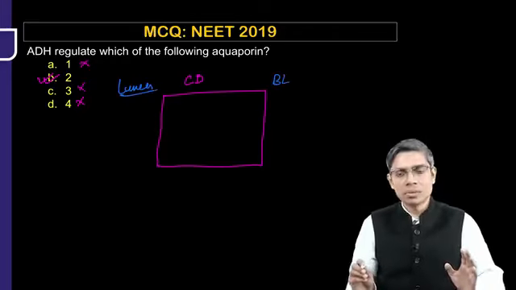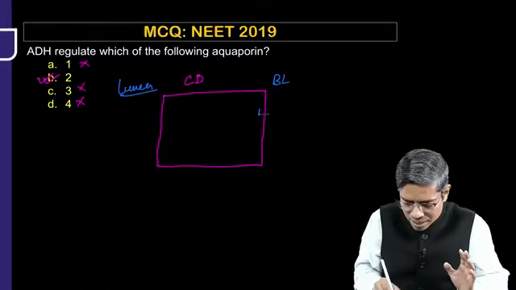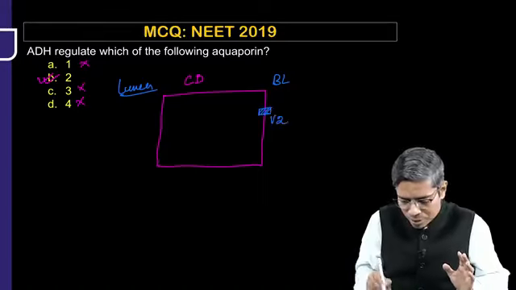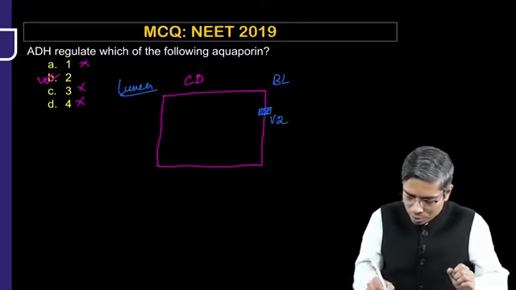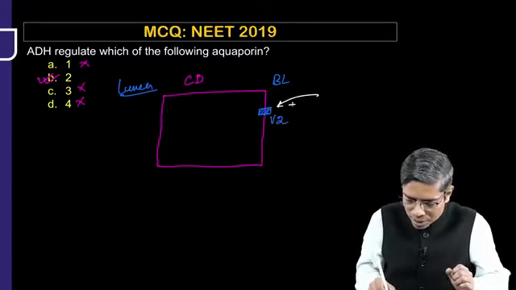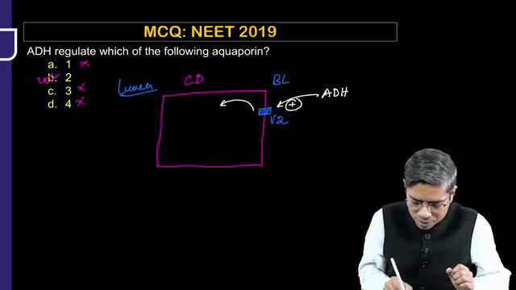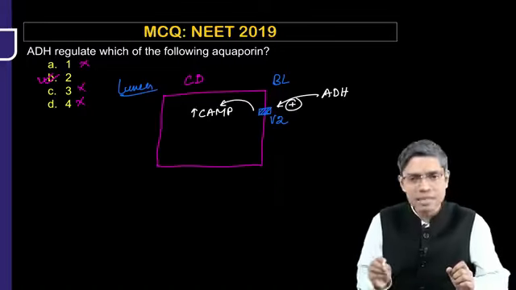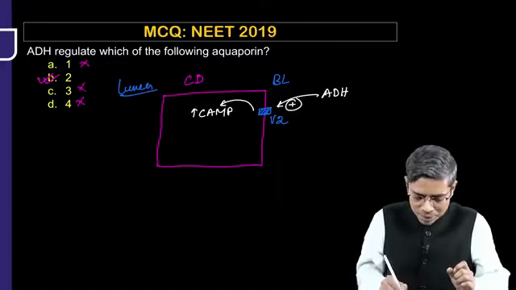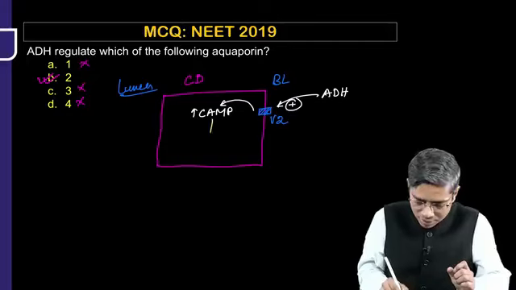You know that ADH has its receptor on this basolateral membrane, and the receptor is V2. So ADH will stimulate this V2 receptor, and with stimulation of this V2 receptor, there will be an increase in a second messenger system, that is cAMP. Now this cAMP is going to stimulate the vesicles which are present inside the cell.